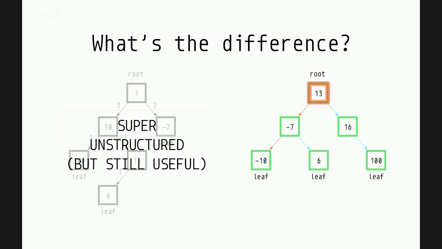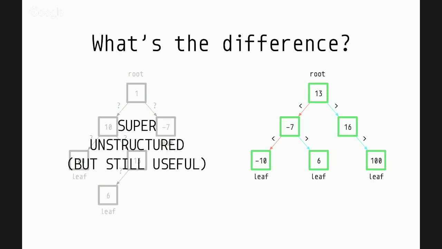But what's the relationship between the parent and the child here? Or the parent and the two children, I should say. The key thing here is that at each level, the left child of each node is less than the node itself, and the right child of each node is greater than the parent.